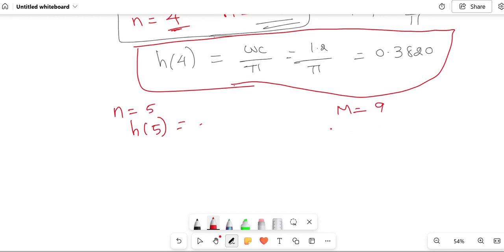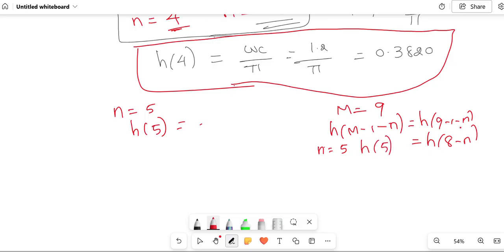What is the symmetry condition? h of m minus 1 minus n, which is h of 9 minus 1 minus n, so we get h of 8 minus n. If n is equal to 5, h of 5 will be 8 minus 5, 3. So h of 5 is equal to h of 3 only.